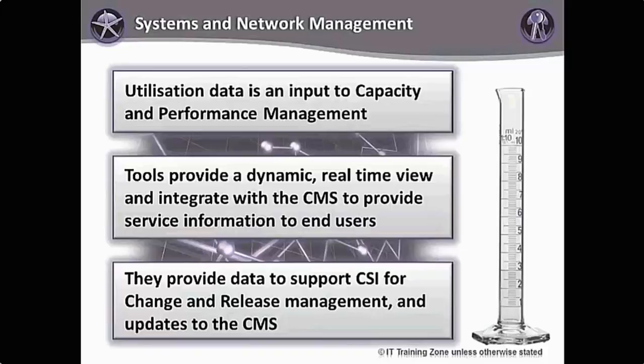Utilization data from systems and network management tools is an input to capacity and performance management. The tools provide a dynamic, real-time view of the current state of the service and integrate with a configuration management system to give enhanced visibility about service provision to the end user. They can provide metric data to support continual service improvement for change and release management, and dynamic updates to the configuration management system.